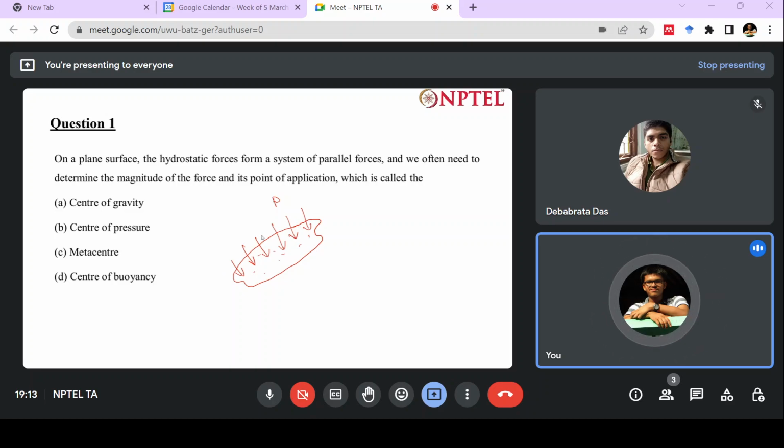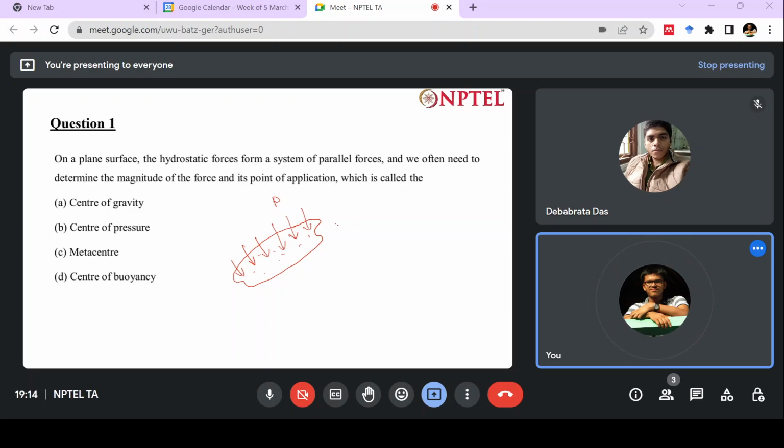This is the normal stress, the averaged out normal stress that we have in the case of static fluids. This is just hydrostatic pressure. We will have that acting all over the surface. Now, what we want to do here is find the magnitude of this force and its point of application.